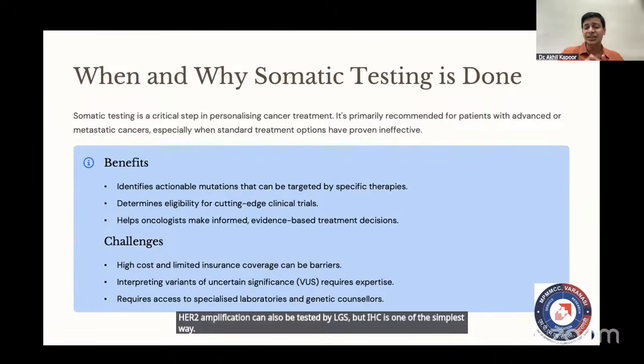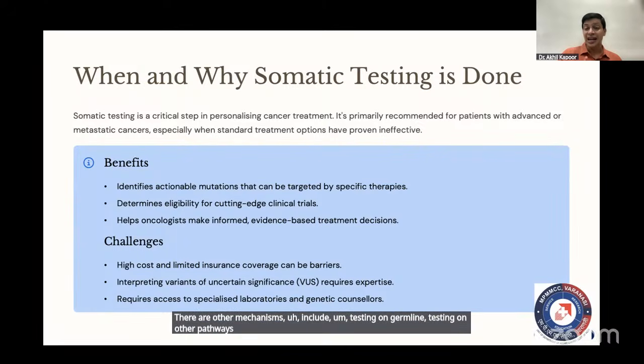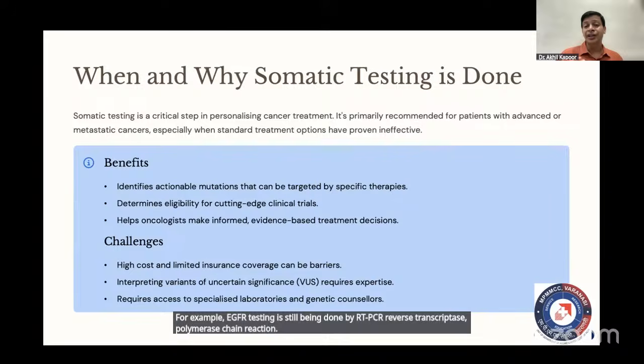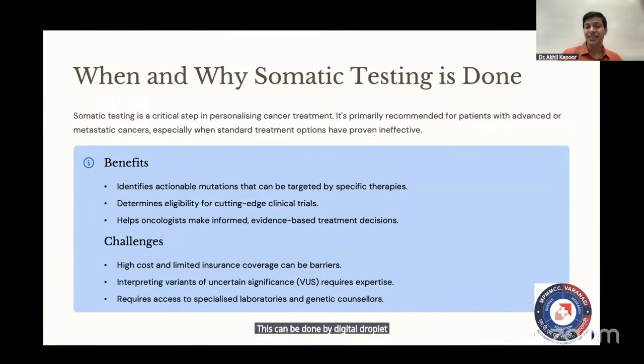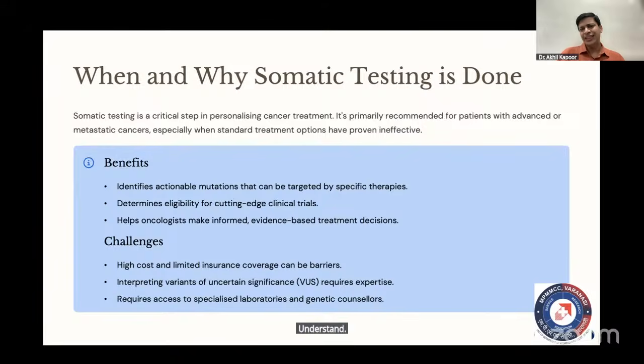Then other mechanisms include testing on germline, testing by other methods like RT-PCR. For example, EGFR testing is still being done by RT-PCR, reverse transcriptase polymerase chain reaction. This can be done by digital droplet PCR, ddPCR. So all these are mechanisms of testing, and we need to understand that a combination of these might be required.